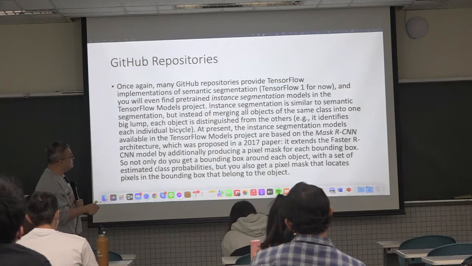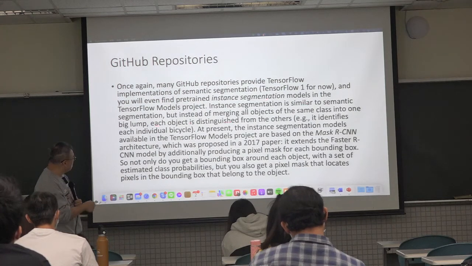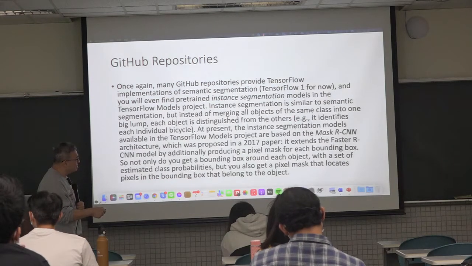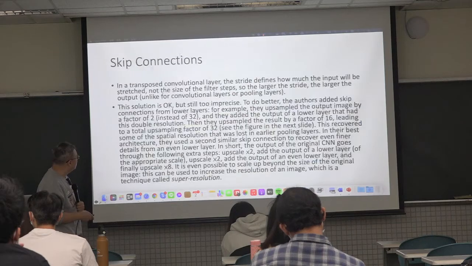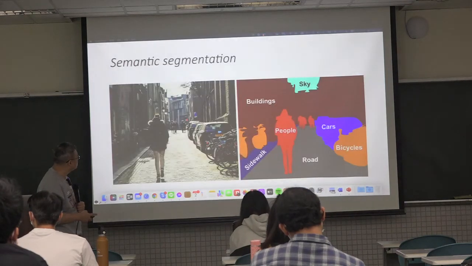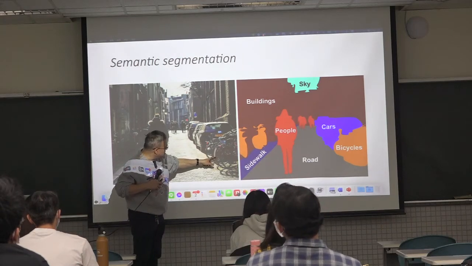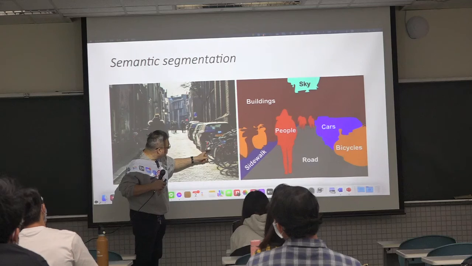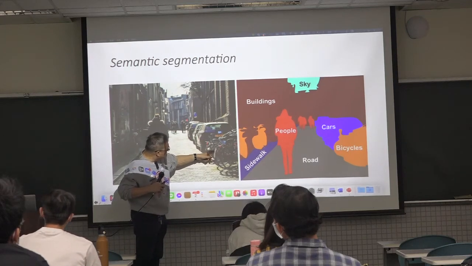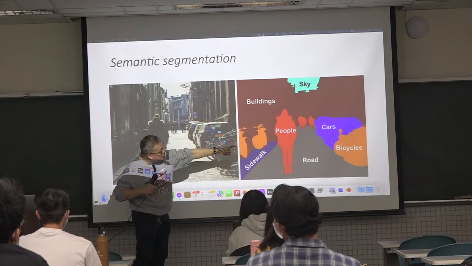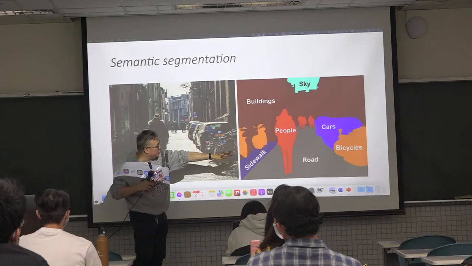Instance segmentation is similar to semantic segmentation, but instead of merging all objects of the same class into one big block, each object is distinguished from each other. For example, you see several different bicycles here, right? The pixels for different bicycles will be separate instead of all represented in the same color.